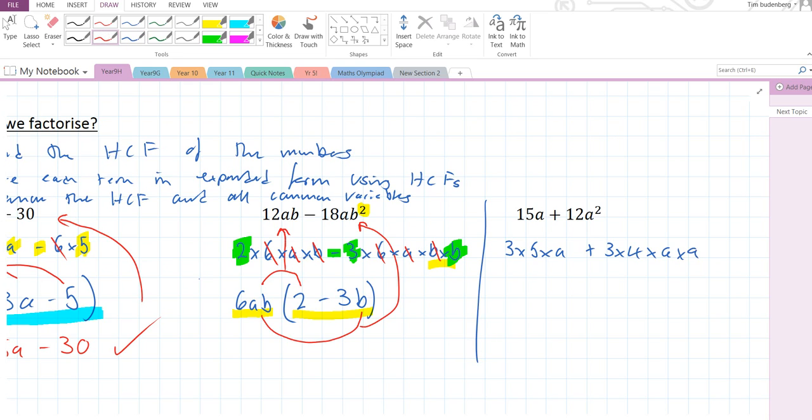We take the common numbers and the common letters, and we write whatever we've taken outside the brackets. Whatever's left goes inside. Beautiful. Nice and easy.